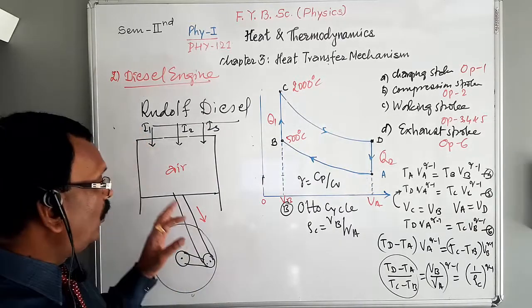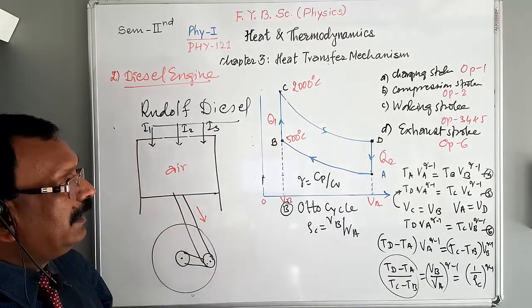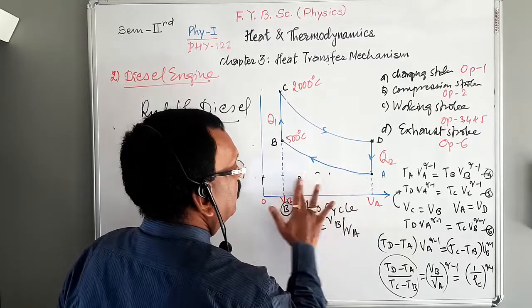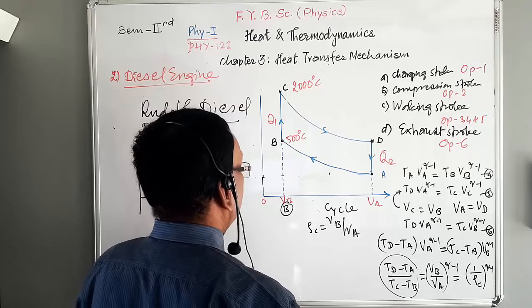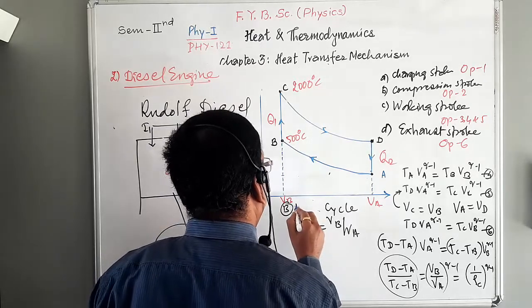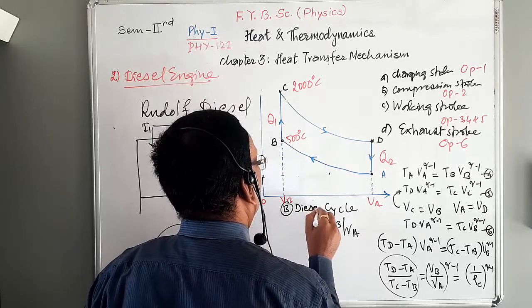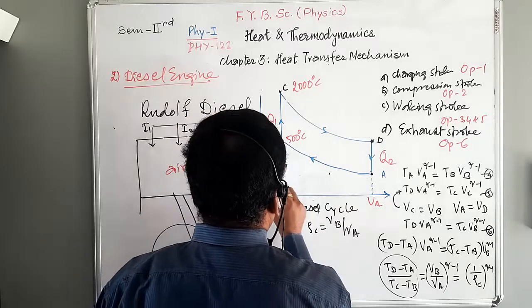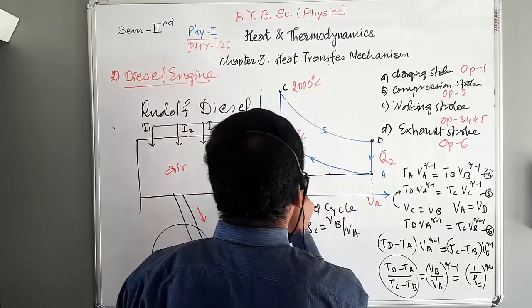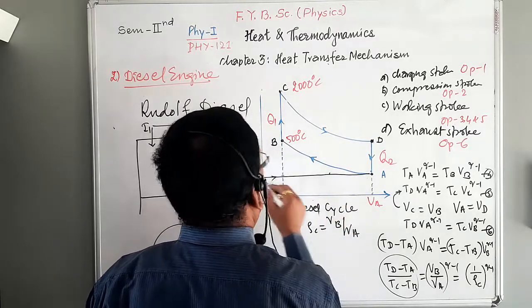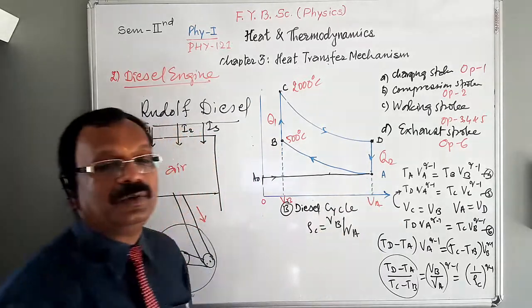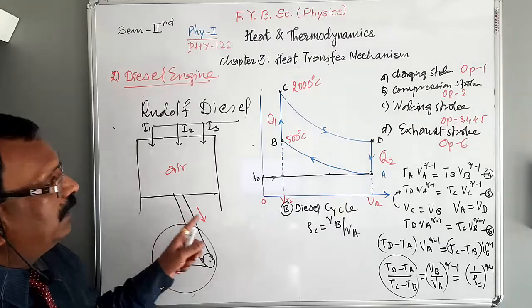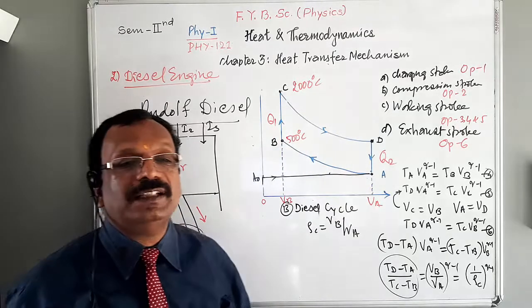The volume of air increases from... this is now the diesel cycle. This line A0A represents the first stroke, the charging stroke, that is operation number 1.